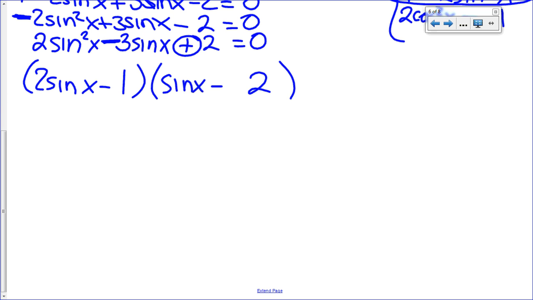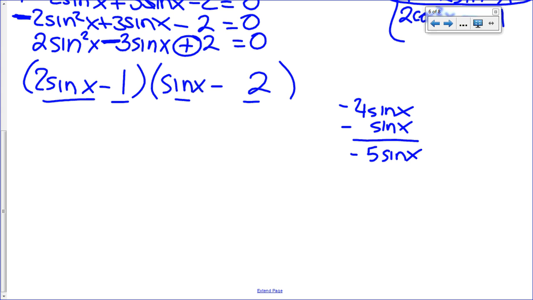Let's check. 2 sine x times negative 2 gives me negative 4 sine x, and then negative 1 times sine x will give me negative sine x. Oh, that's not going to work, huh? So that's negative 5 sine x. So what does that mean? They're backwards. All right, so let's switch. That was a bad guess. So the 2 goes here and the 1 goes here. Let's see if it works now.